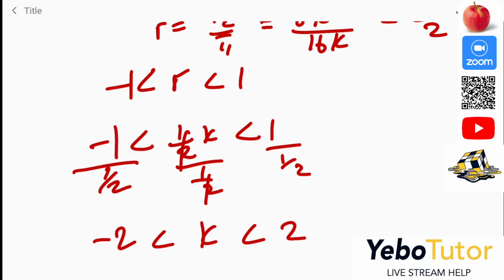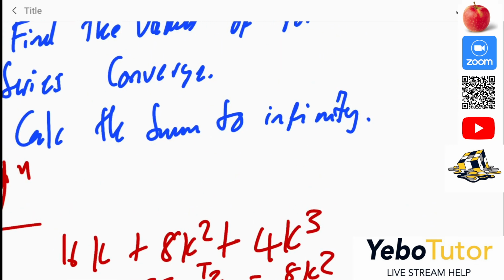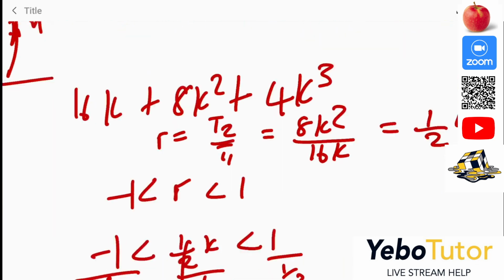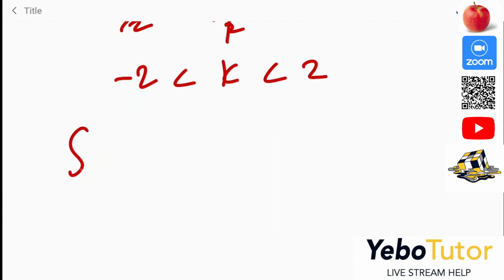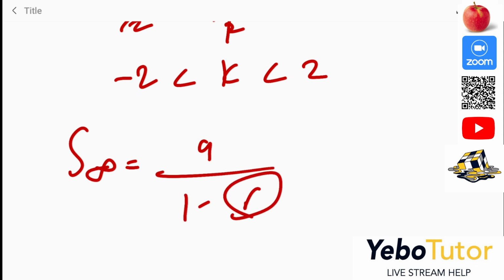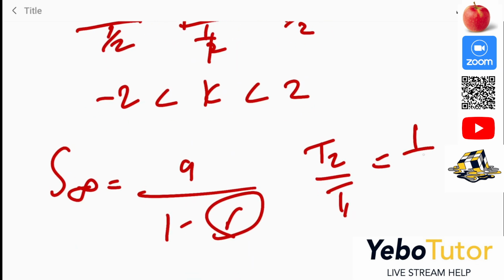This is simple and straightforward. Now they can say calculate the sum to infinity if k is equal to 1 over 2. This is easy, because we know that the sum to infinity is equal to a over 1 minus r. What's your r? We are already given that the k value must be 1 over 2, and our r was 1 over 2k, so in the position of k we substitute 1 over 2.